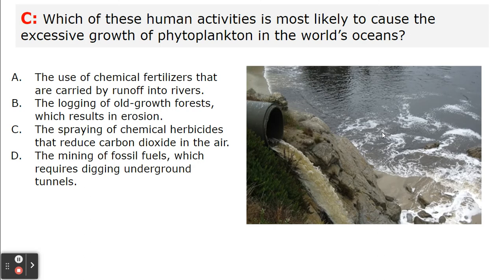And that's a bad thing, because remember, when the phytoplankton dies, it needs to be decomposed. And when it's decomposed by bacteria, the bacteria use up oxygen in the ocean, causing a dead zone. So the use of chemical fertilizers that's carried by runoff to rivers. The human activity is us putting those fertilizers on our yards and using it for agricultural purposes.